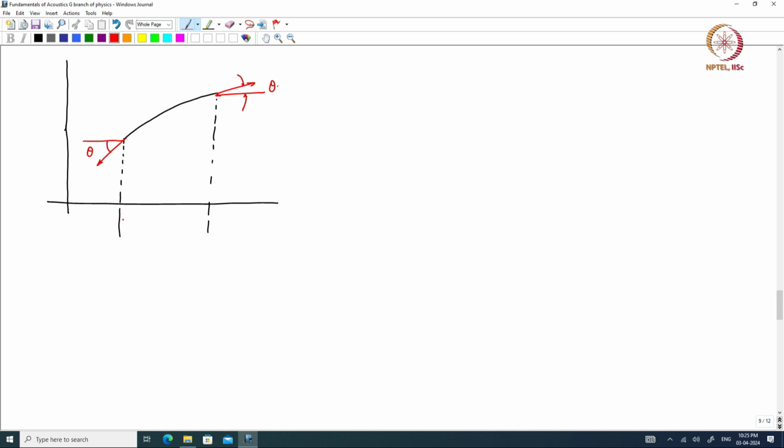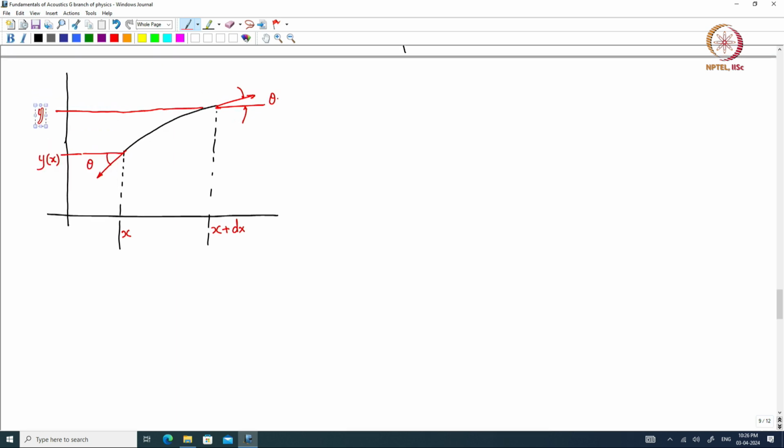This is my x location, this is x plus dx. This is the vertical deflection y at x, and this is the deflection y at x plus dx.